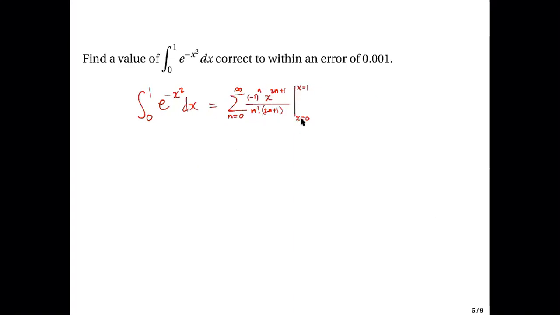So when x equals 0, the whole expression here will be 0. And then when x equals 1, okay, we'll just replace the x here with 1. So this is simply the series n equals 0 to plus infinity of negative 1 to the n over n factorial times 2n plus 1.